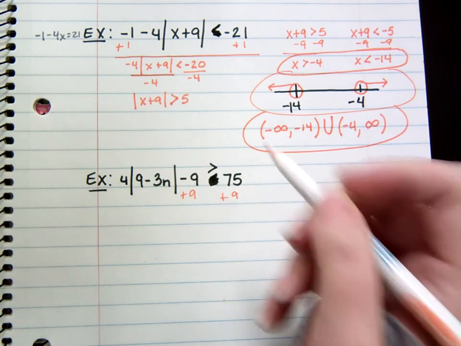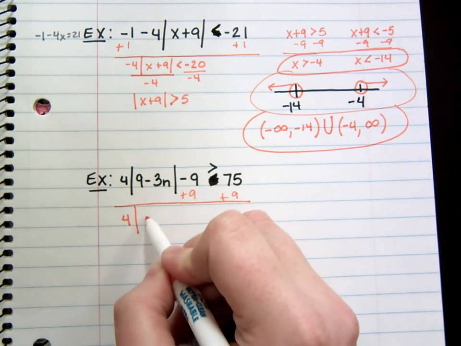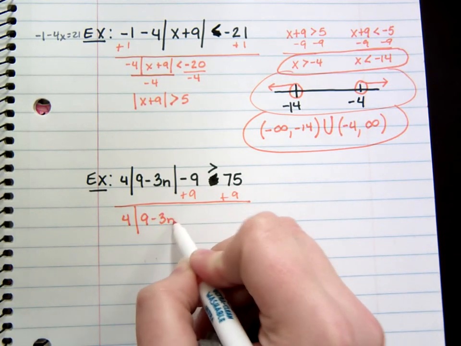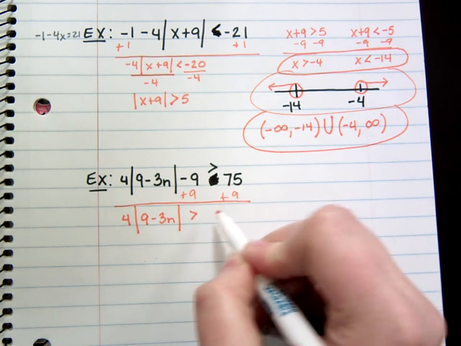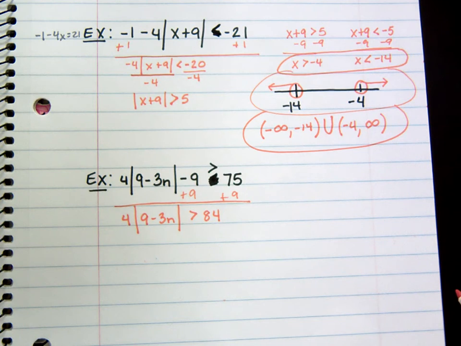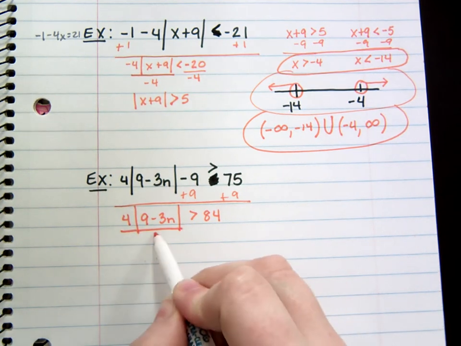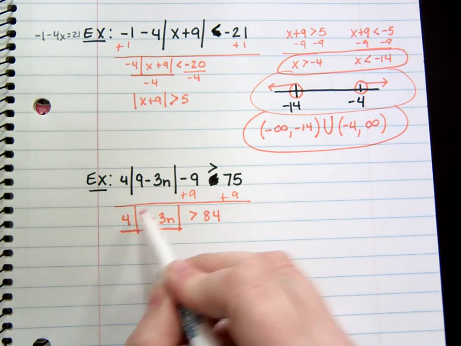Okay. So this gives us 4 times the absolute value of 9 minus 3n greater than 84. Then you divide by 4, because this is 4 times the absolute value. You're undoing multiplication.